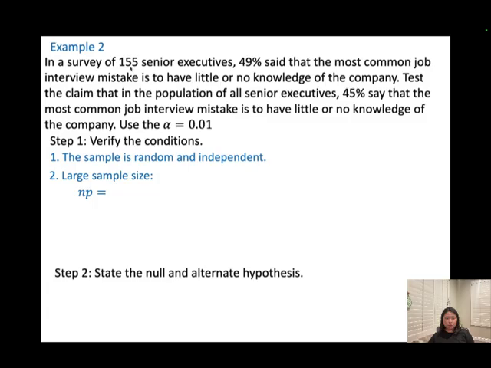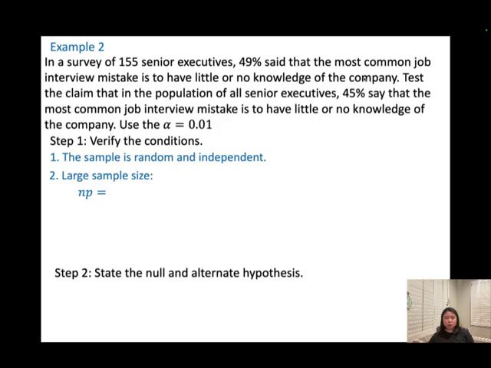In a survey of 155 senior executives, 49% say that the most common job interview mistake is to have little or no knowledge of the company. So n will be the sample size, 155. And 49% refers to the 155, so this is going to be your sample proportion. And then test the claim that in the population of all senior executives, 45% say that the most common job interview mistake is to have little or no knowledge of the company.